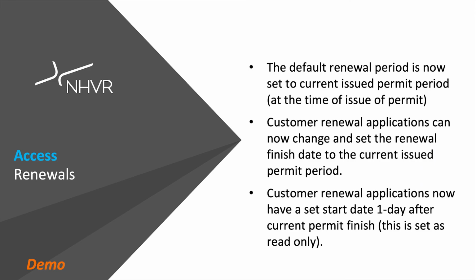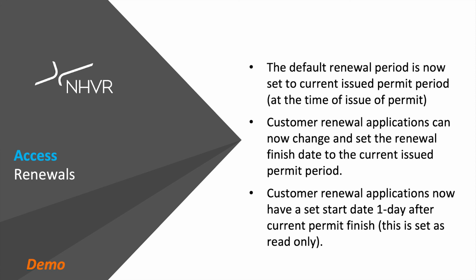Okay, the next feature we have, also for access, is on the renewal side of things. We have an automated renewal feature in the portal. When a customer goes to renew, the dates that were defaulting for renewal were not supporting the reuse of consents, particularly where road managers have provided the maximum 3 years.